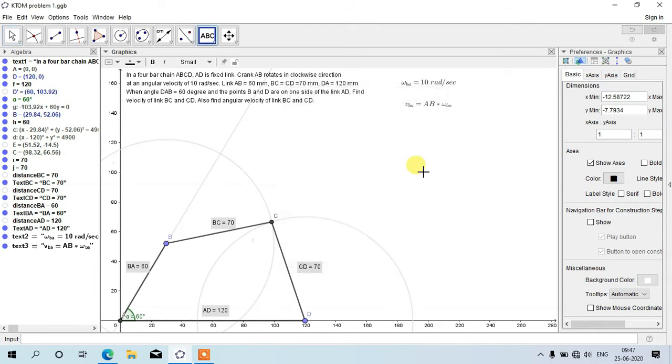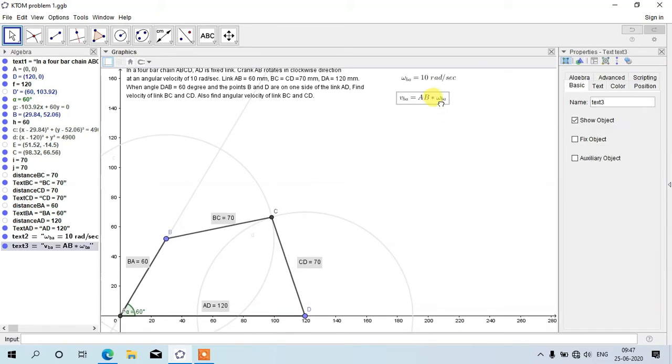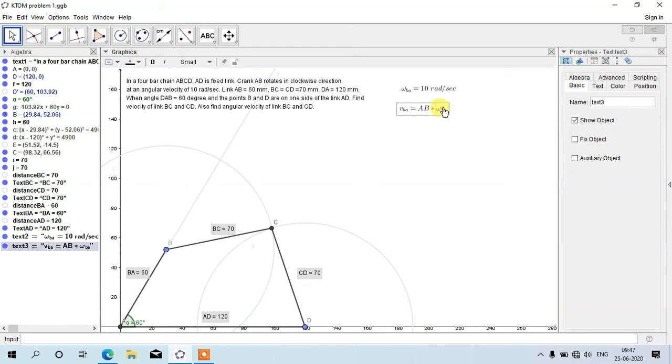Okay, we know this relation, that linear velocity is equal to radius of the link multiplied by omega, or you can say length of the link multiplied by omega.